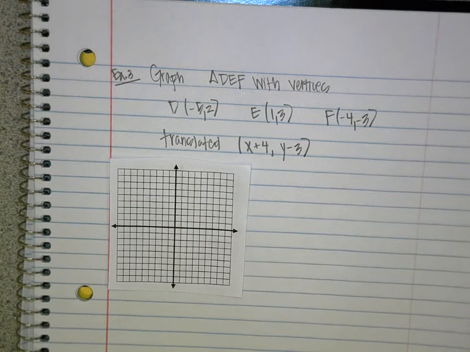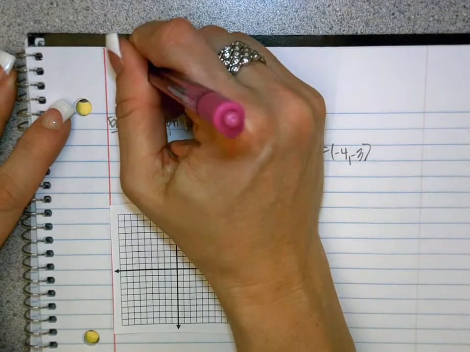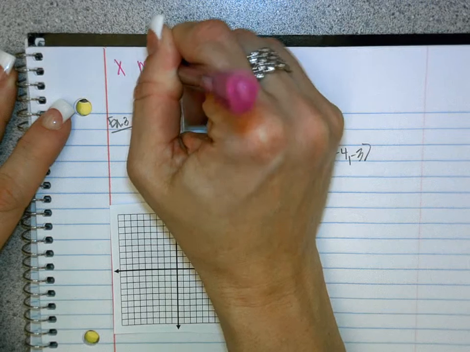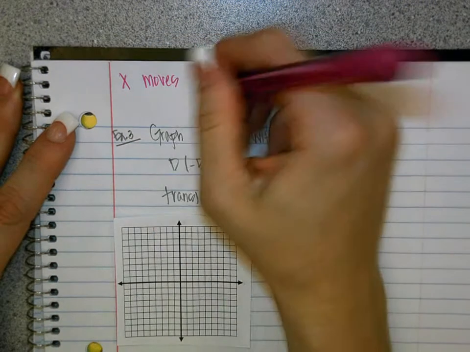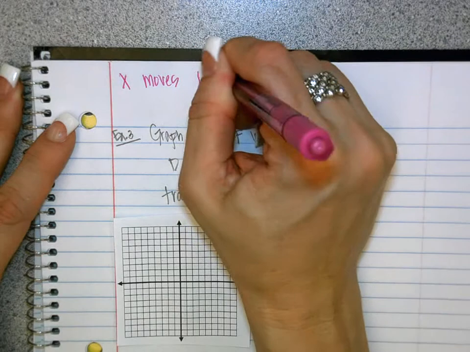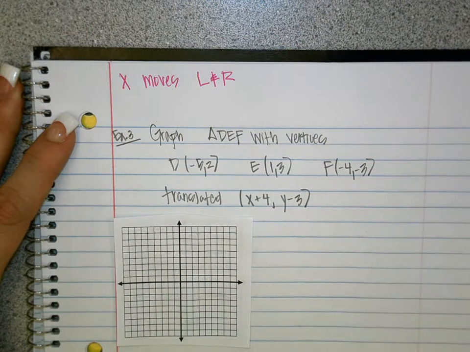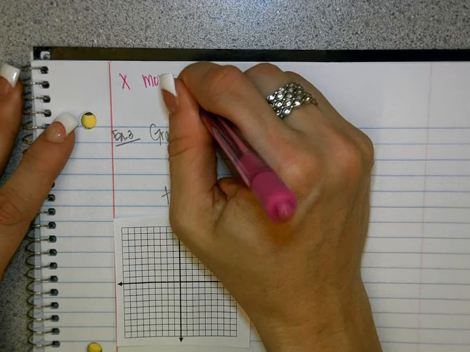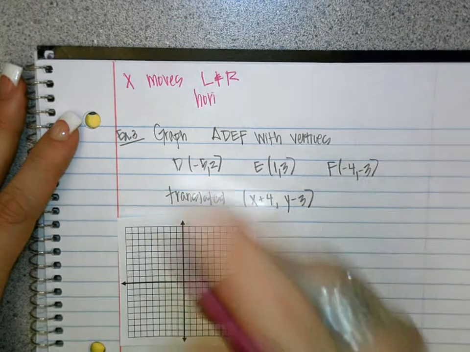So let's write ourselves a little key here, okay? The X portion moves which way? X tells you how to move, side to side or up and down? X moves left and right, or side to side. Is left and right movement called horizontally or vertically? Horizontally, okay? So X moves left and right, or horizontally.